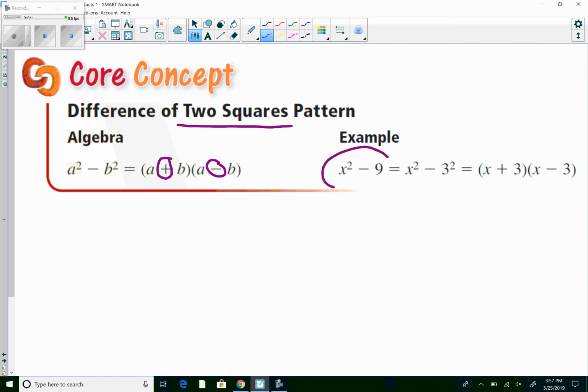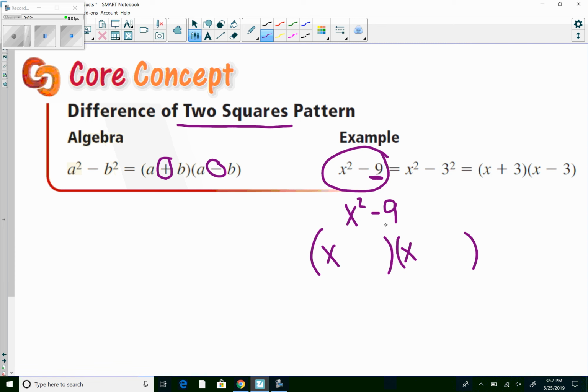So here, we're going to be given x squared minus 9. What we have to start thinking about and recognizing is, hey, 9 is a perfect square. So we start by breaking it up, and that's x times x.